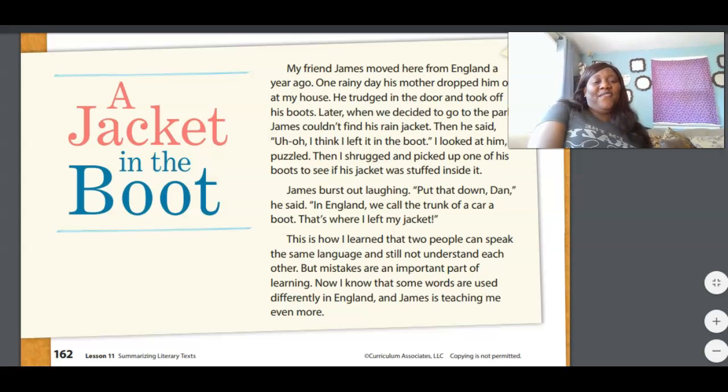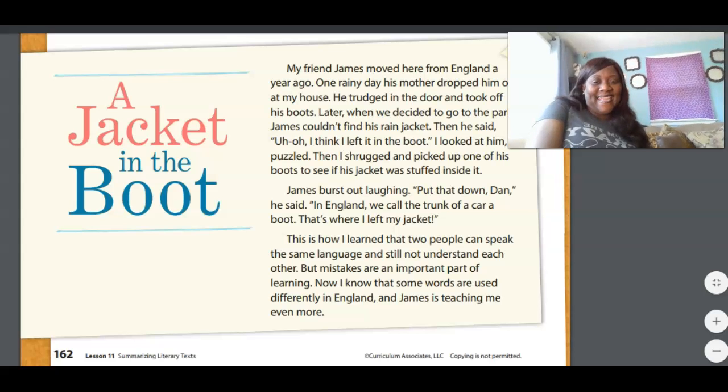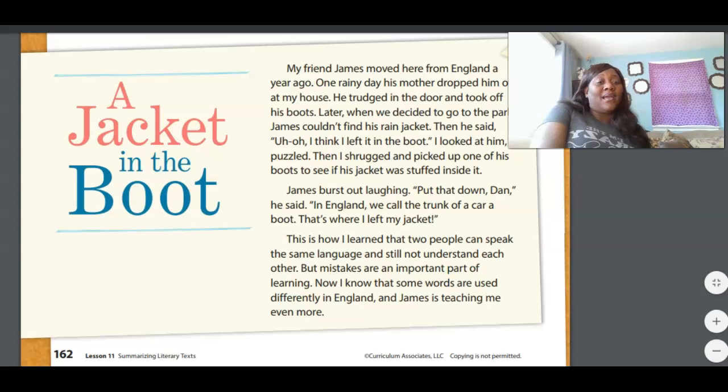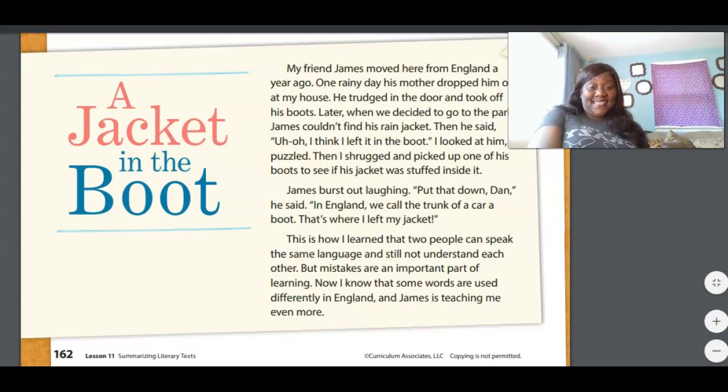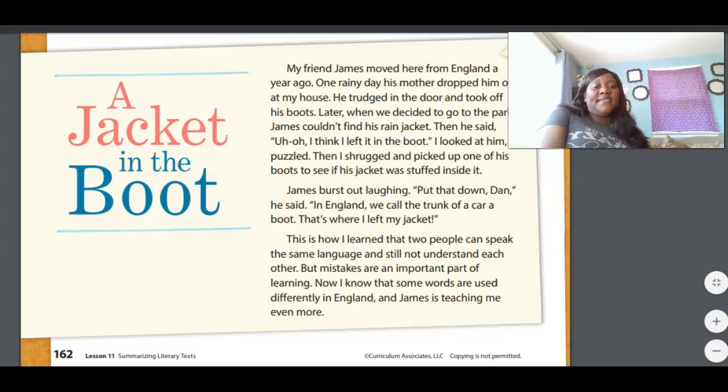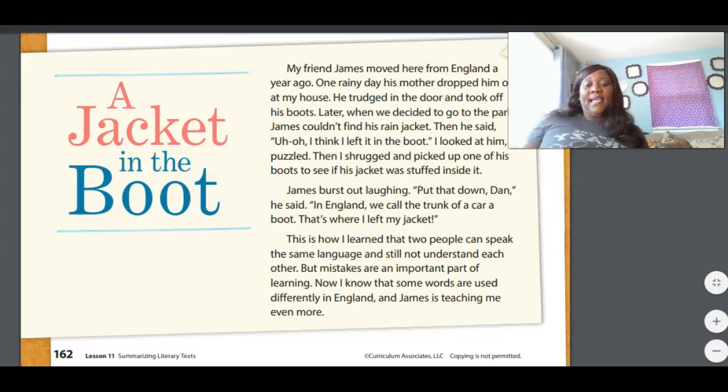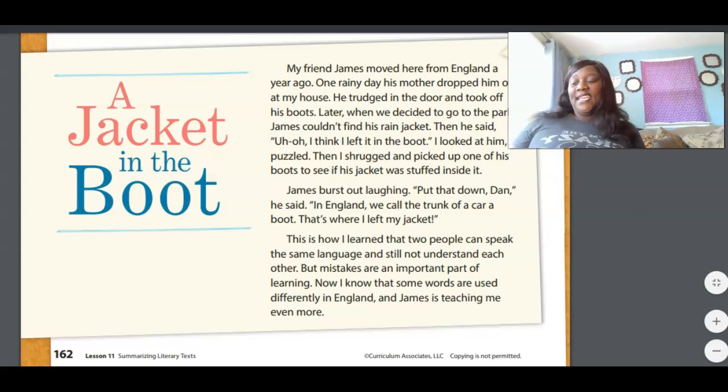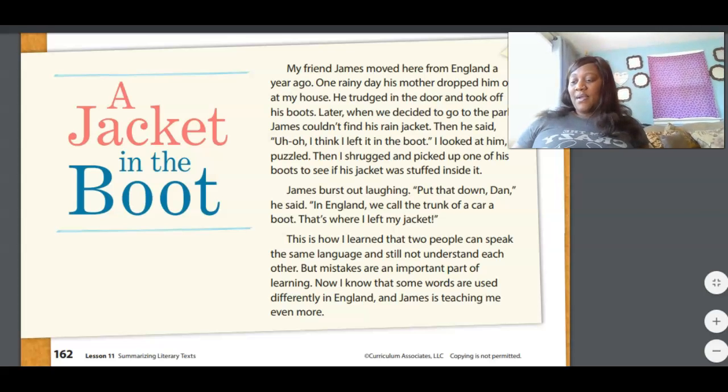James burst out laughing. "Put that down, Dan," he said. "In England, we call the trunk of a car a boot. That's where I left my jacket." This is how I learned that two people can speak the same language and still not understand each other. But mistakes are an important part of learning. Now I know that some of the words are used differently in England, and James is teaching me even more.